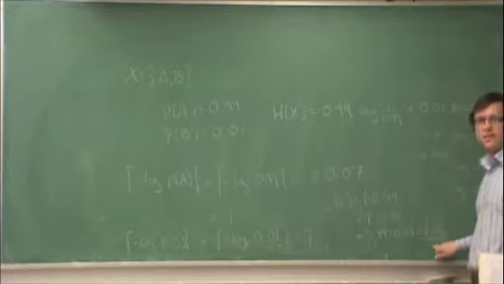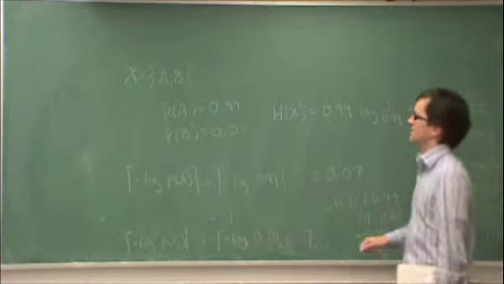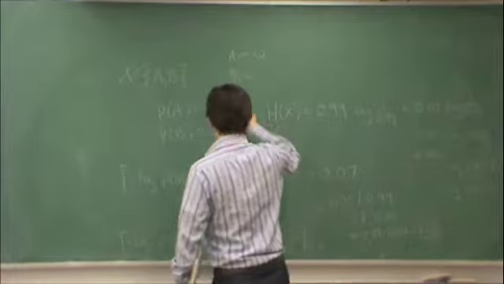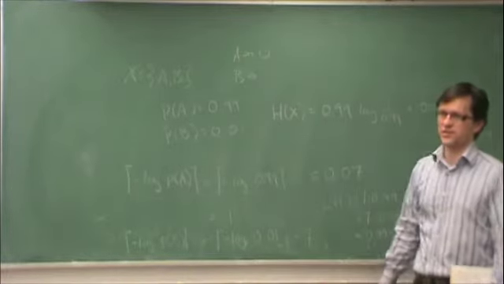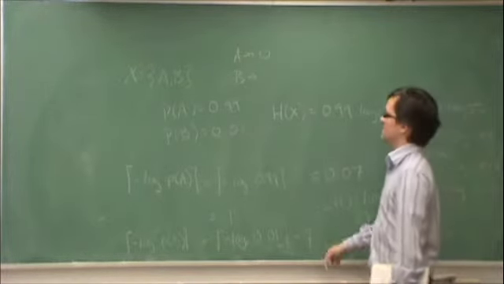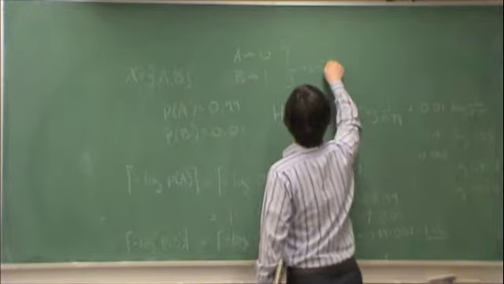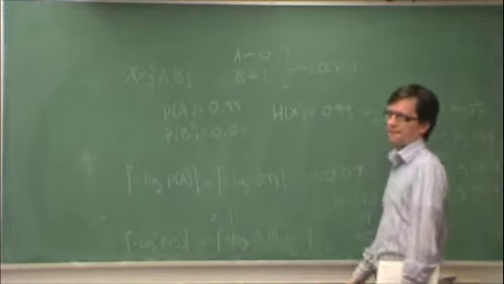What would that be? 0 and 1, exactly. So I could say A is 0, and I need not express B with 7 letters. I can simply say B is 1. And the average length of this code is 1.